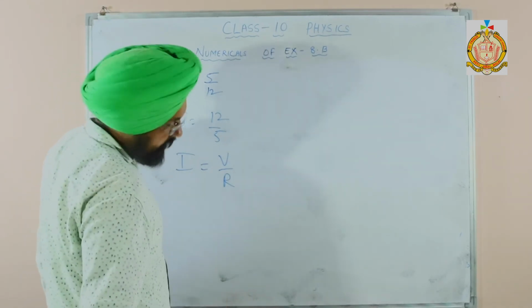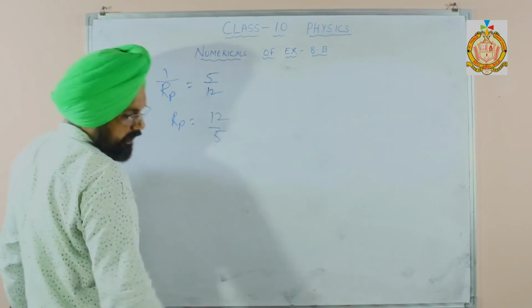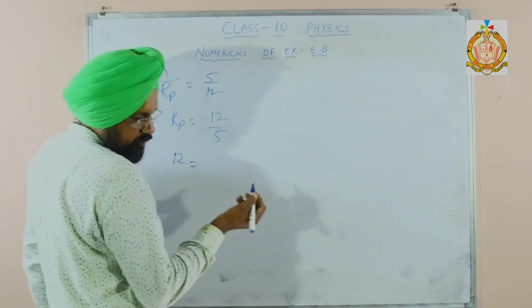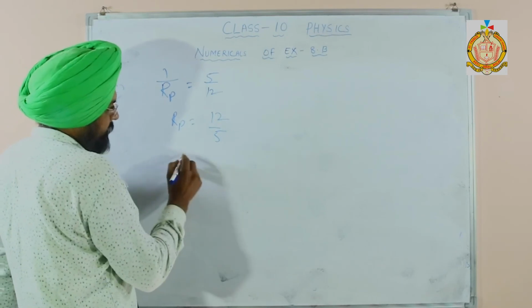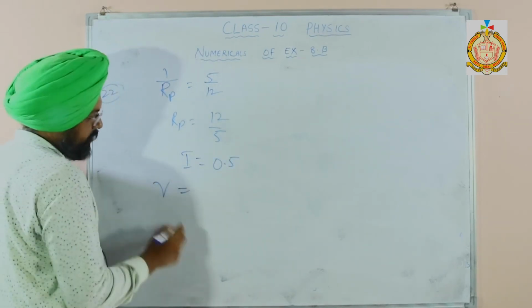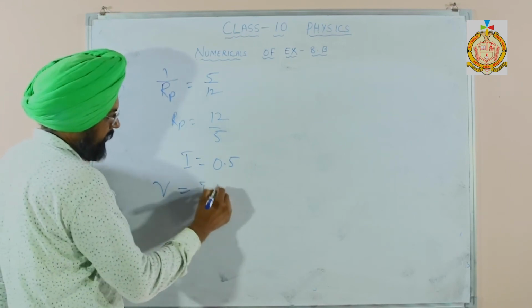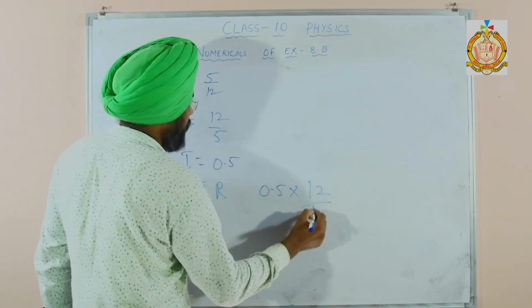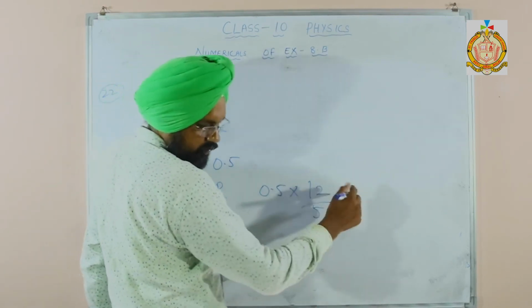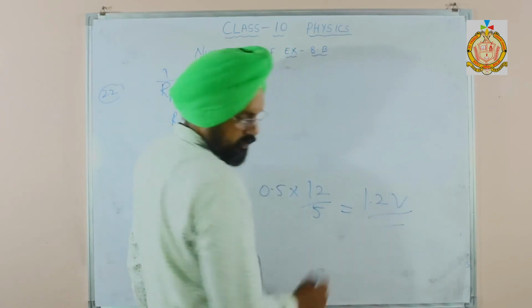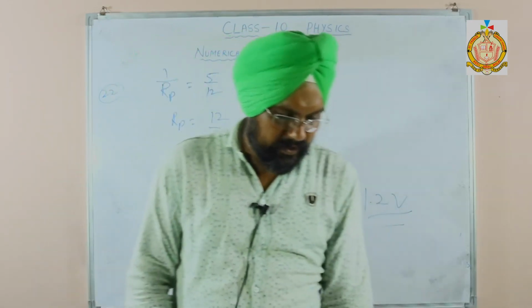R is given over here, and I is also given, that is 0.5. So we need to find the total potential difference, that is I into R, 0.5 multiplied by 12 upon 5. After solving you will get 1.2 volt. So these are the numericals.